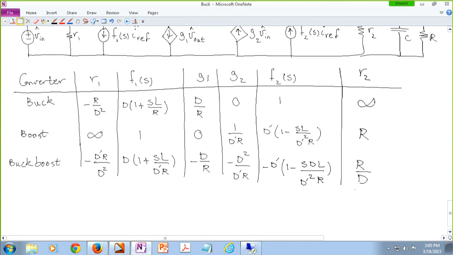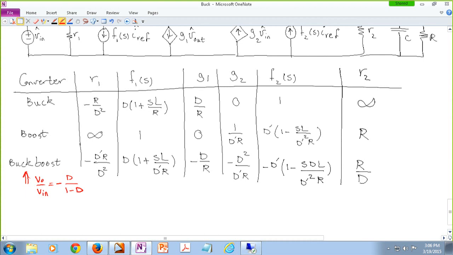The buck boost that the book discusses is the one where V out over V in is negative D over 1 minus D. So remember, this last row that I have is under the assumption that your voltage gain is negative. All right. Any questions so far?